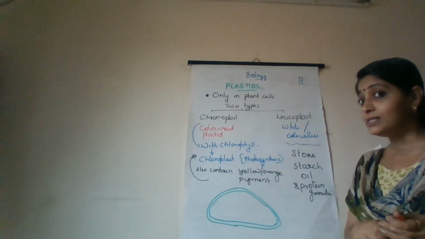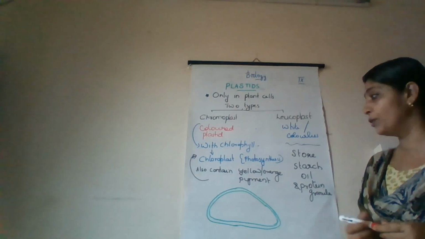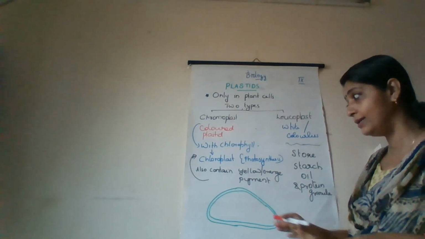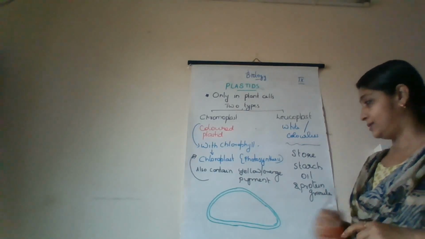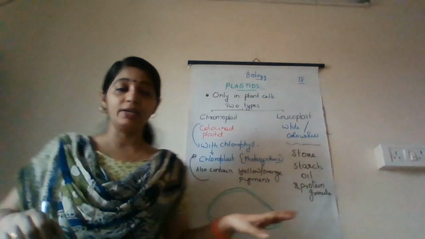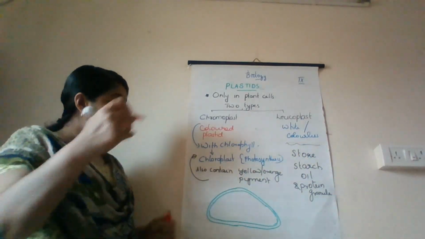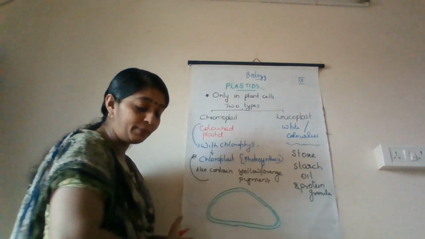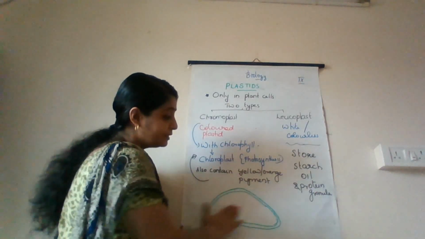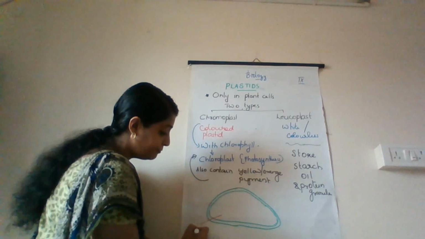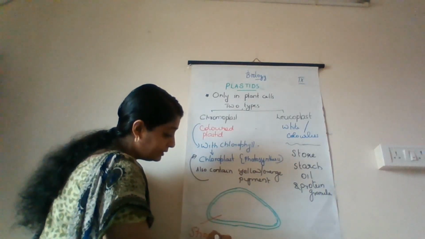Now we'll see the structure of chloroplast. We are not studying it in as much detail as other cell organelles like mitochondria. Chloroplast has a double-layered membrane, and inside it there is a region called stroma, the matrix or ground substance.